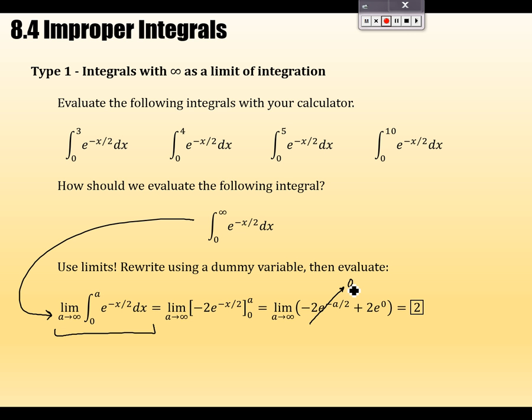The exponent becomes some really large negative number, so this piece goes to 0, and 2e to the 0 doesn't even involve a, that is 2, right? Is that cool or what? We should step back and appreciate that inside of 3 minutes, we just evaluated our first improper integral, it's called. Okay?